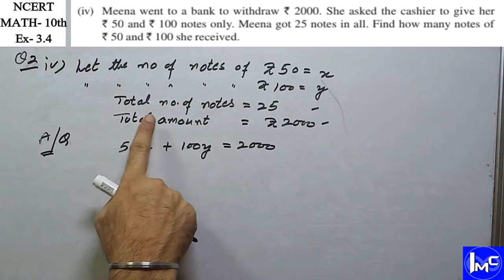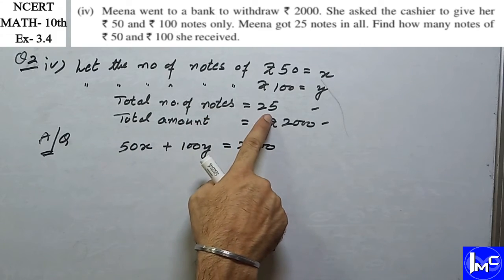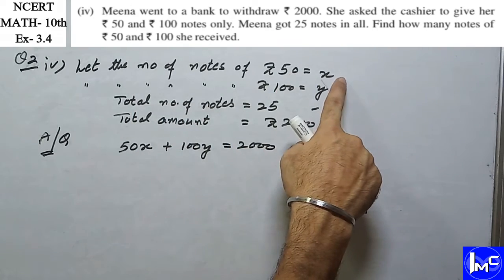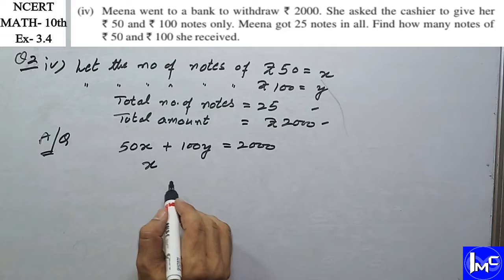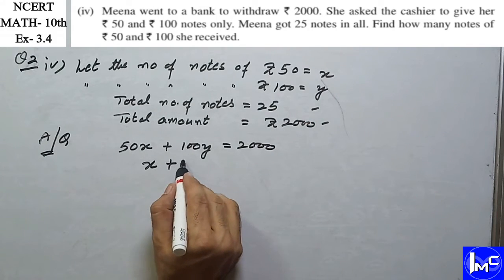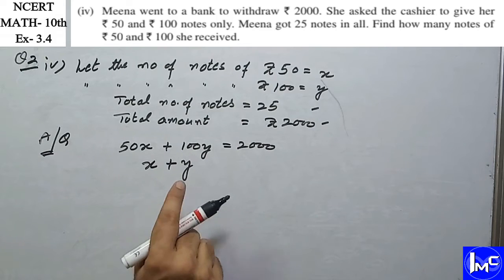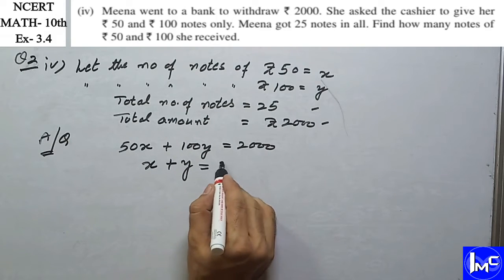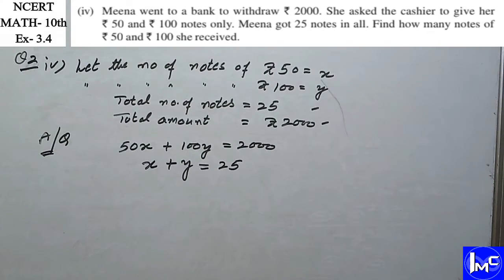And total number of notes is 25; the number of notes of rupees 50 are x, and number of notes of rupees 100 are y, so the total number of notes will be x plus y, that is given to be 25. And these are two equations.